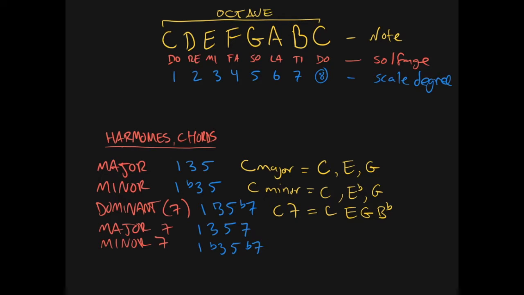A major 7 chord, or a C major 7 chord, sometimes drawn with this little triangle, would need 1, 3, and 5, and also the additional 7.